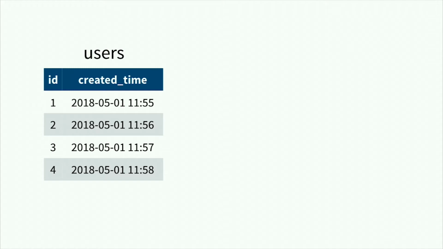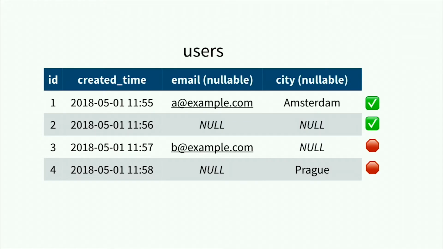So if we want, for example, users to fill an email and a city, and registered users must have both an email and a city, and we add them to the original table and make them nullable because we must, because there are also some anonymous users, then we can encounter a problem, because only some nullable combinations of the data are valid. The user can either have both values filled or no values filled, but the design of the table, of the database, also allows us to insert invalid rows.